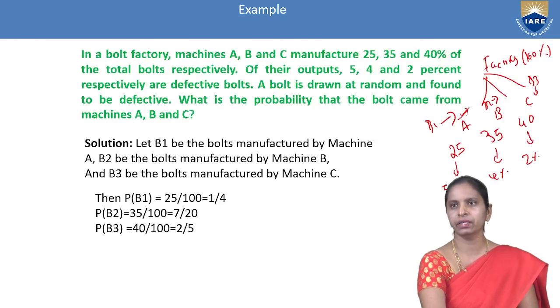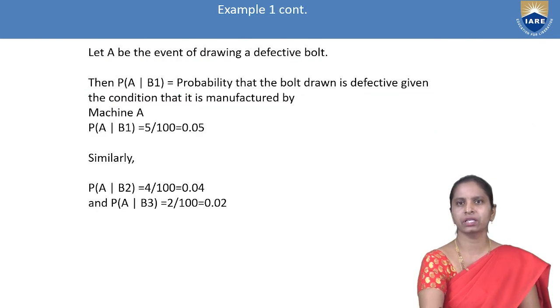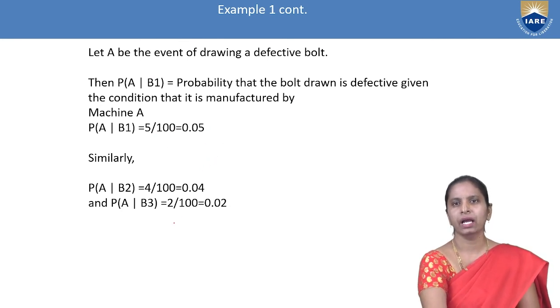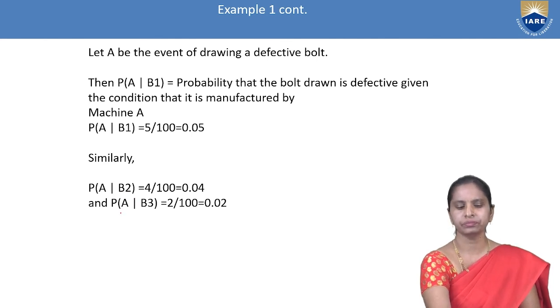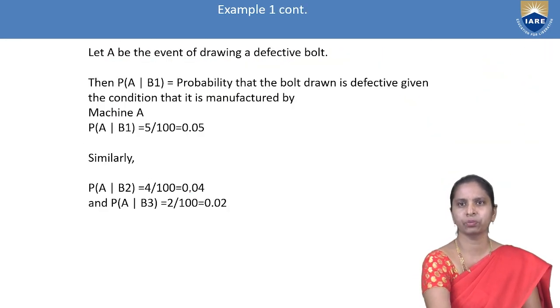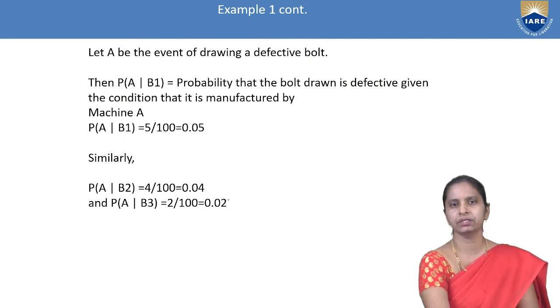So, what have they given in the problem? They have given it as 5%. Then P of A by B1 equals 5% is nothing but 5 by 100 that equals 0.05. And similarly, what is P of A by B2? The probability of selecting a defective bolt given that the bolt has been selected from mission B. They have given 4%, which is 4 by 100 that equals 0.04.